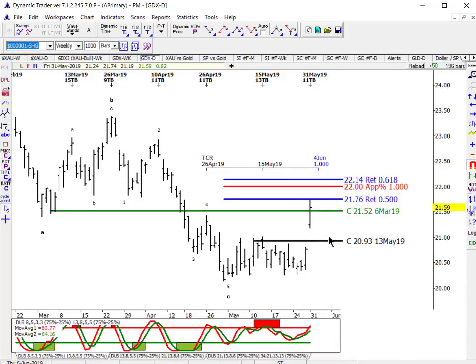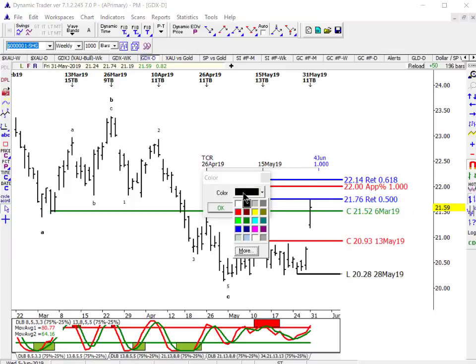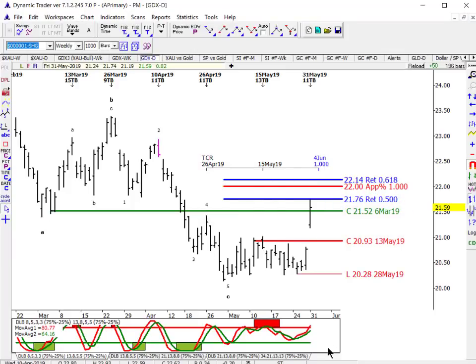I'm going to make it thick, and I'm going to make the color red. It should not make a close below 2093. I also want to put that little swing low. I'm not going to make that thick, but I am going to make it red. Should not close below 2093.